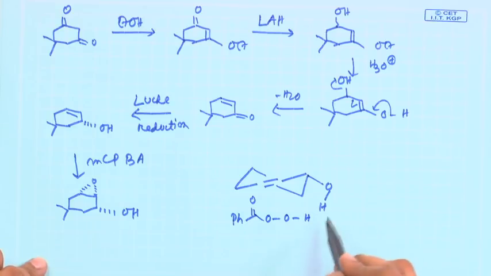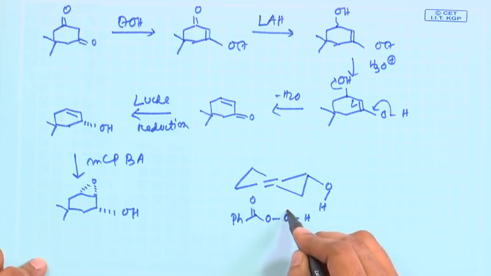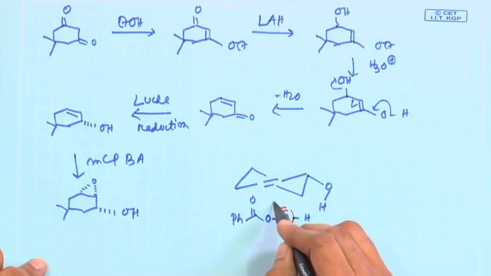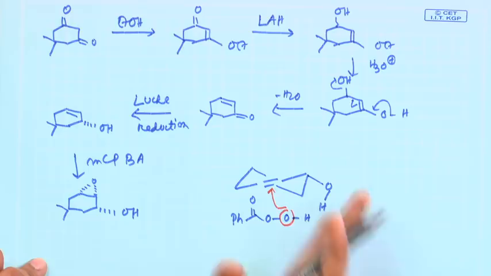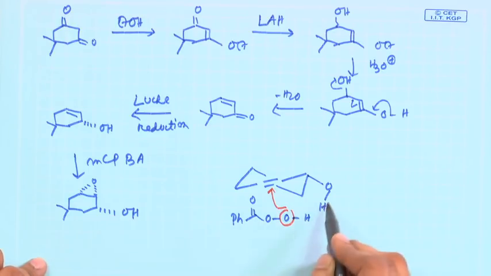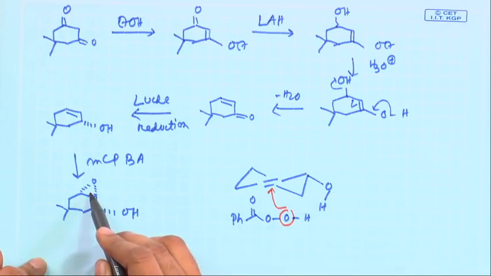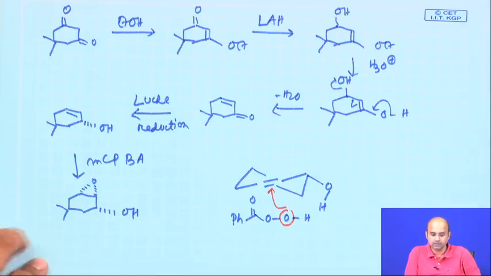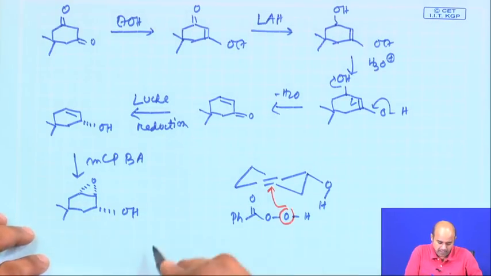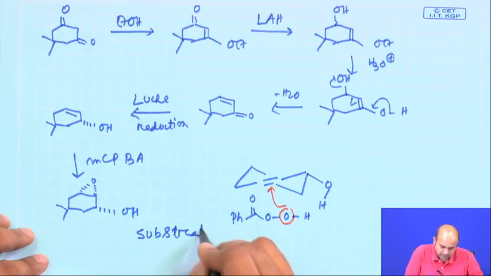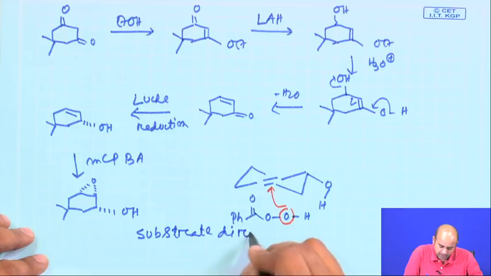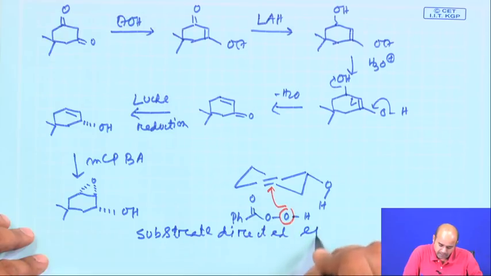This hydrogen bonding with the peracid helps the electron deficient oxygen to deliver to this pi face of the double bond through the bottom face. That is why, as the hydroxy is below, the epoxide will be below the plane. That was the main reaction. It is basically a substrate directed epoxidation.